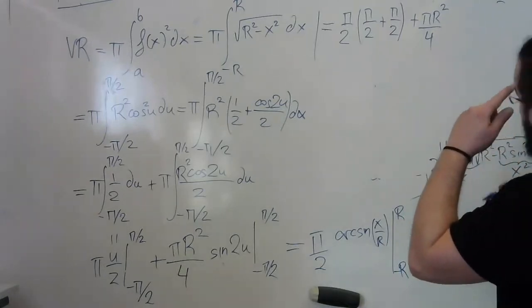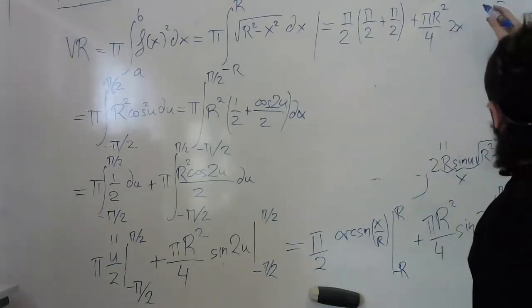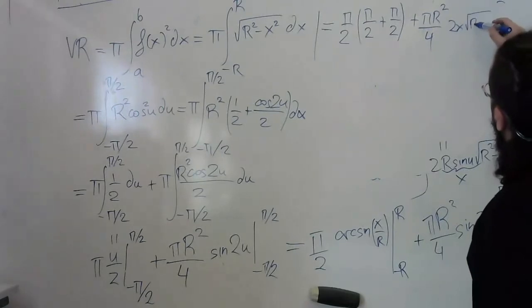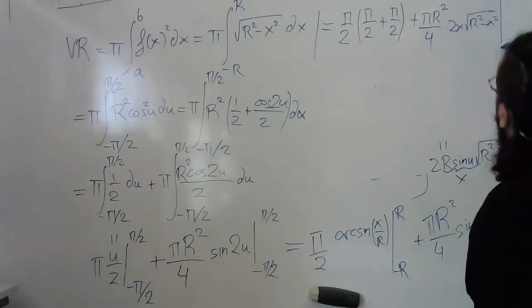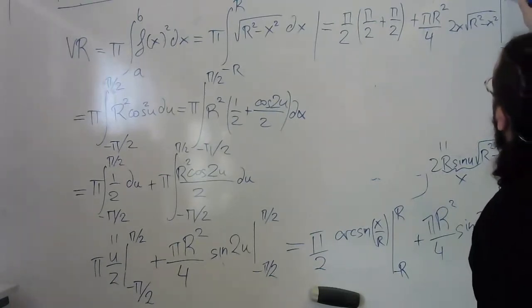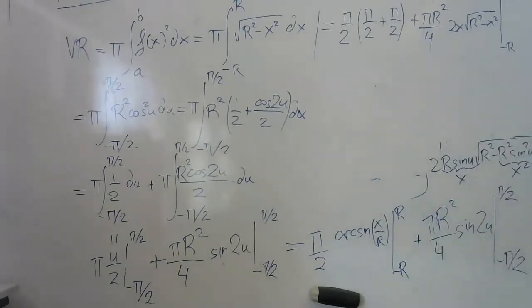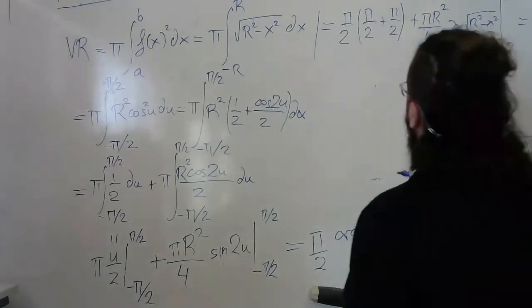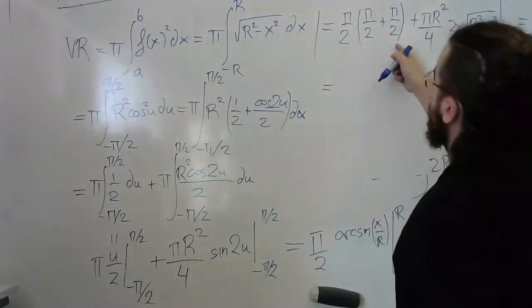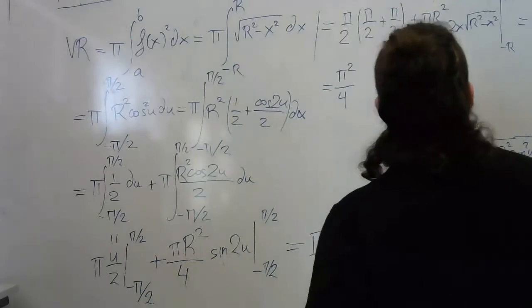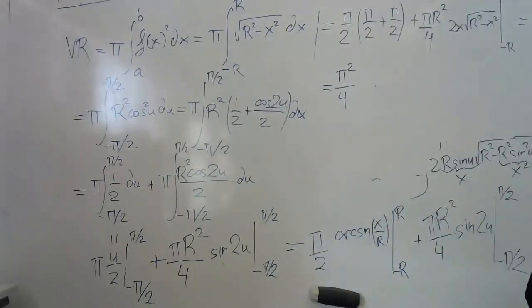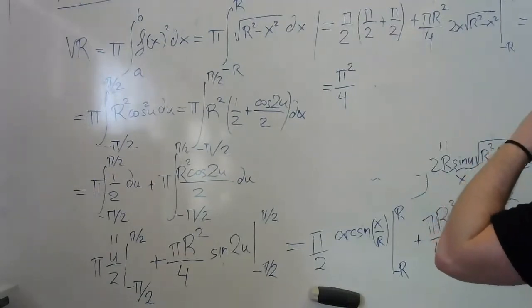That multiplies 2x square root r squared minus x squared between minus r and r. Let's see what's going on here. This is pi squared over 4. It probably shouldn't, but it is. Let's see how we attack it.